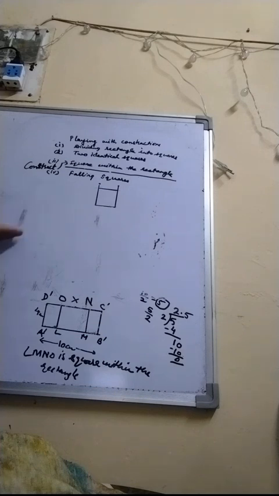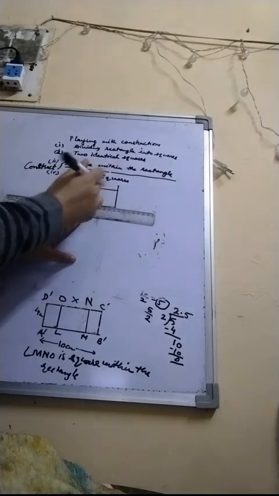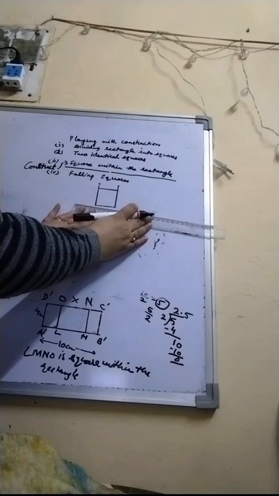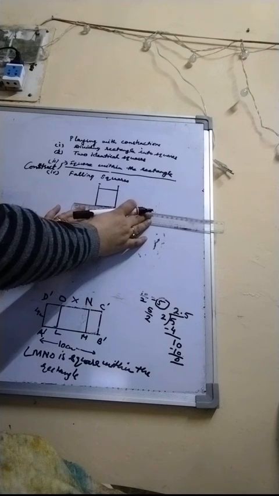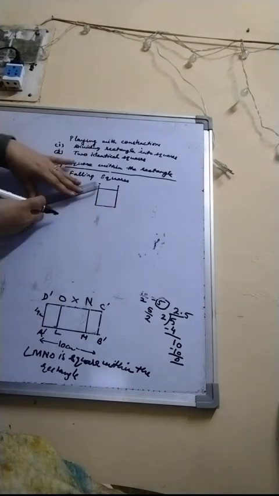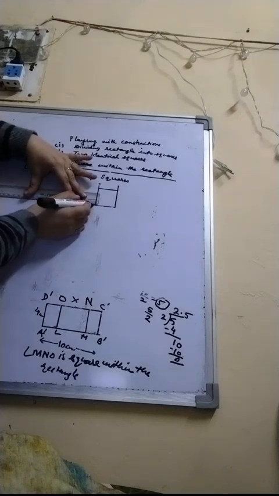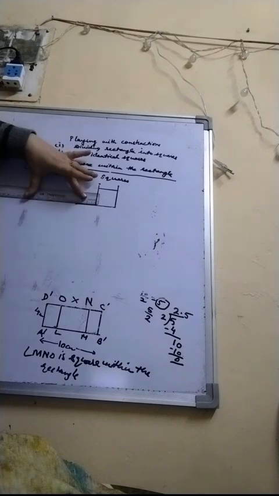Now how would you draw the falling square? So what we would do, we would extend the horizontal line where this is the first square. So how would you make? Starting from this point, you would mark 4 centimeter again, 4 centimeter.